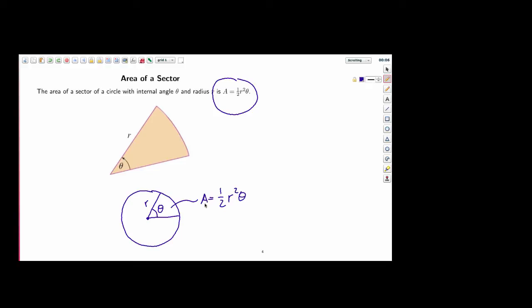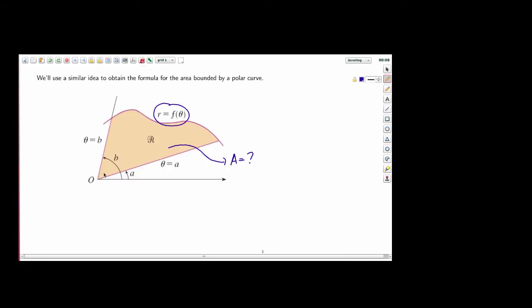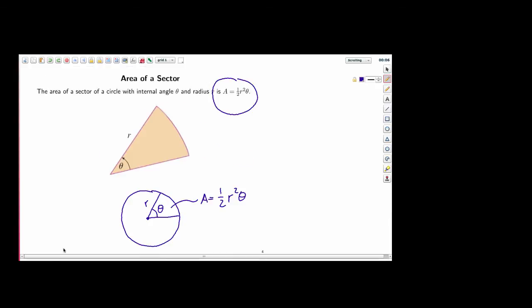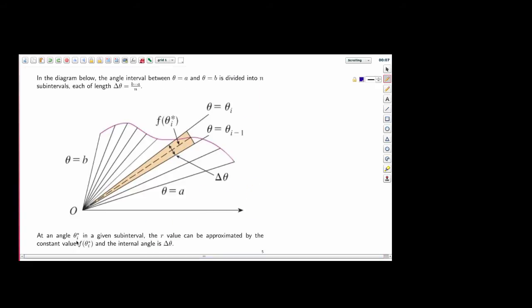So again, instead of dividing our region up into rectangles, we're going to divide it up into wedges or sectors, so we need to know the area of each wedge. We recall from ordinary geometry that if theta is the central angle, then the area is 1/2 r squared theta. Now we take the region we're trying to find the area of and divide it up into all of these wedges.